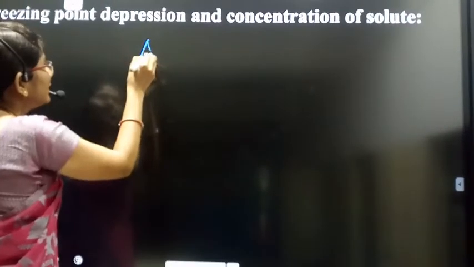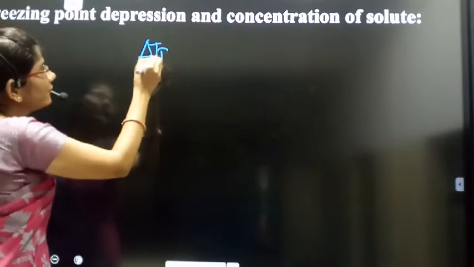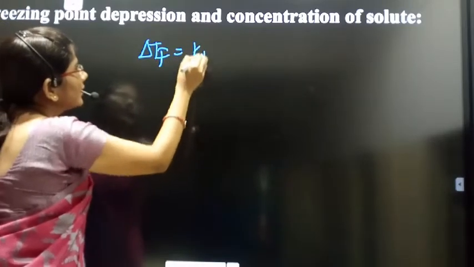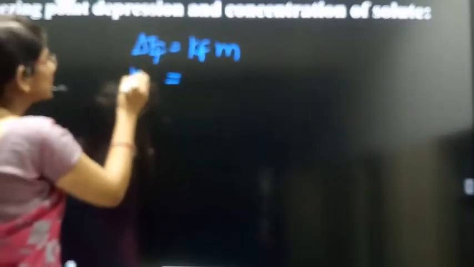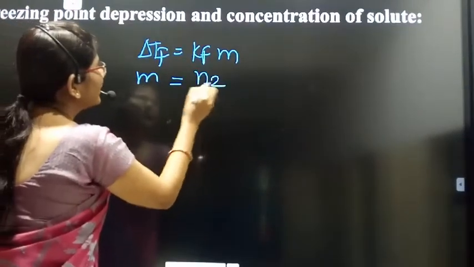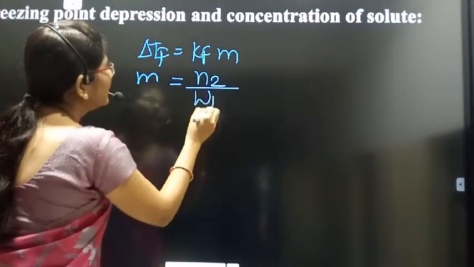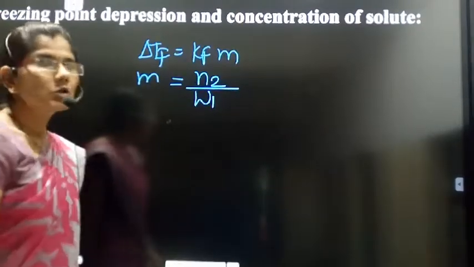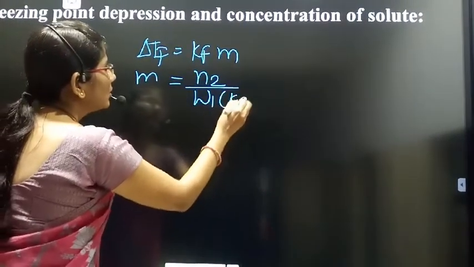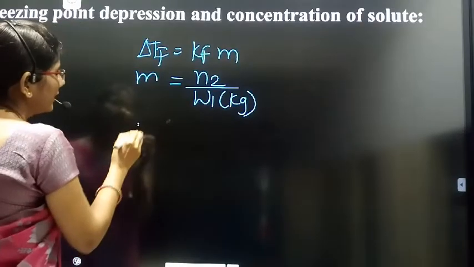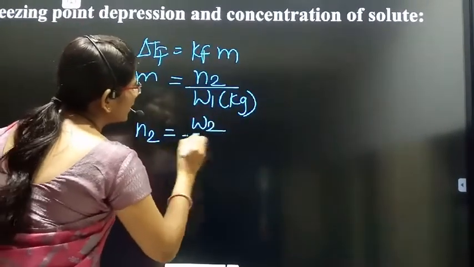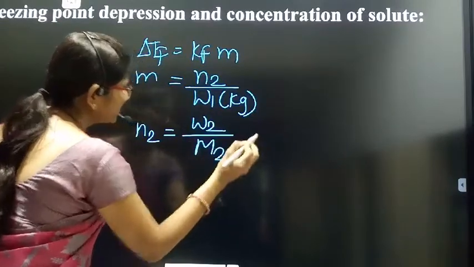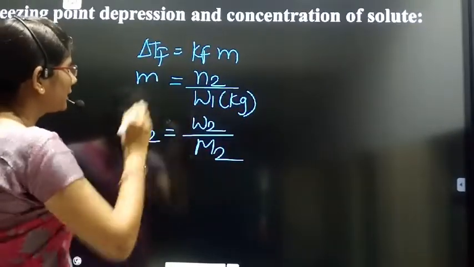Here we have delta Tf which is equal to Kf into m, and as we know m is the molality of the solution, m which is equal to n2 divided by W1, the weight of the solvent in kilogram, and therefore n2 which is equal to W2 upon M2.